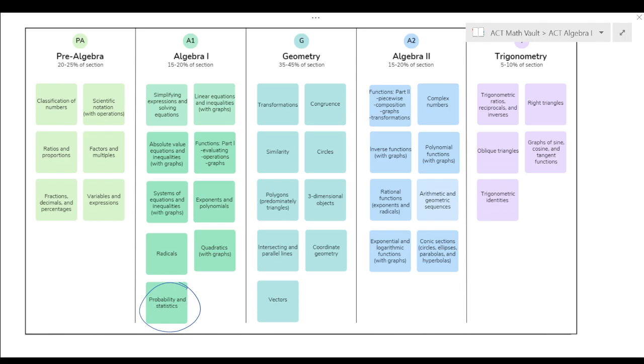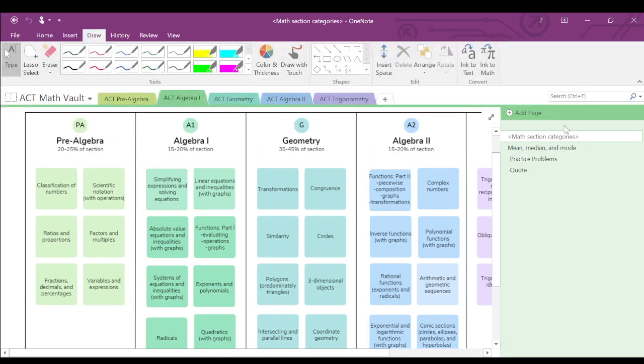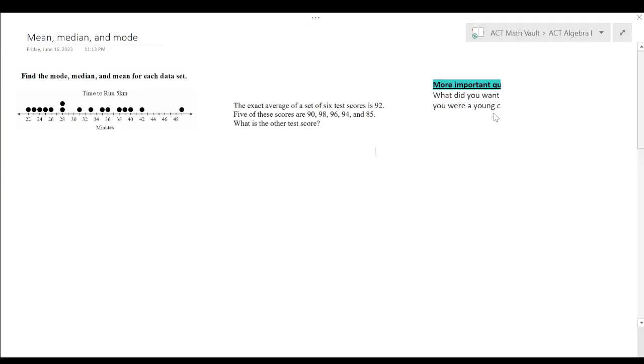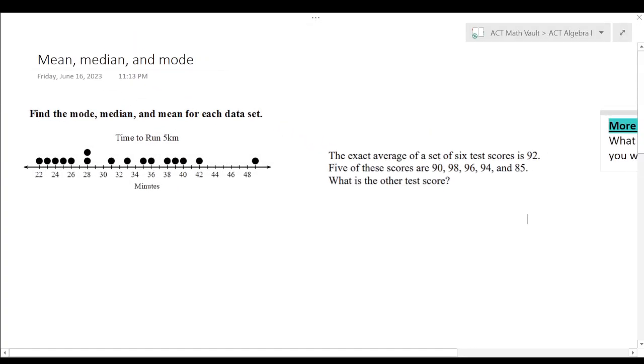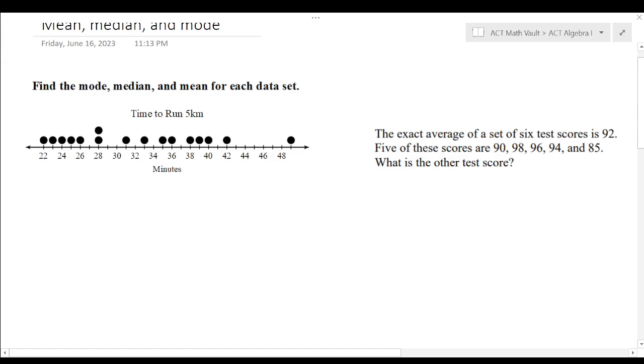So it's not uncommon for you to see mean, median, and mode in these fashions. So one could just say, what's the median of this data set? Or it could say, like, in which cases is the median greater than the mode, or something like that.